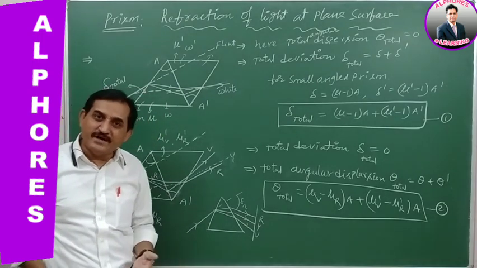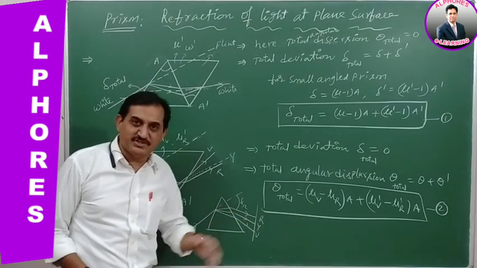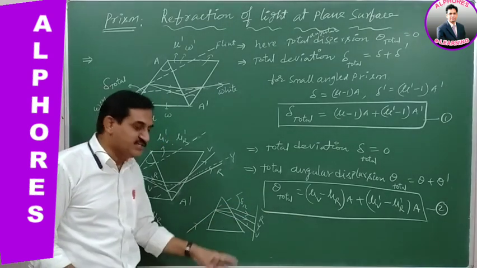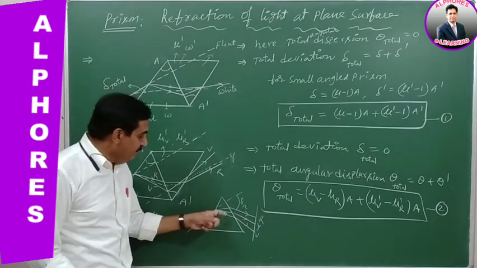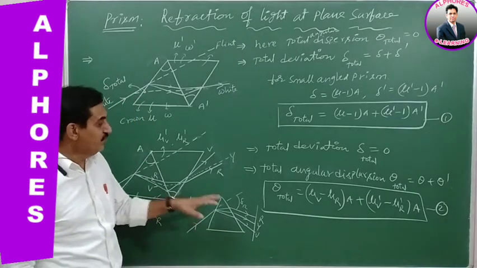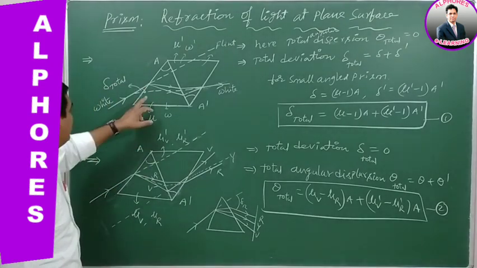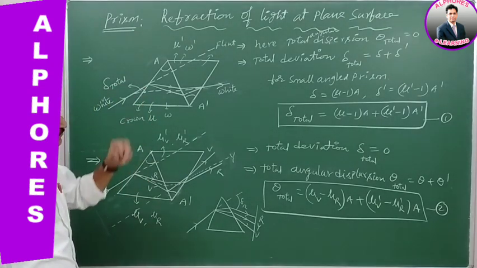So is there any possibility to get only deviation without dispersion, or only dispersion without deviation, by a single prism? No chance at all. Therefore, we are going for the combination of two prisms, one made of crown glass and the other made of flint glass.